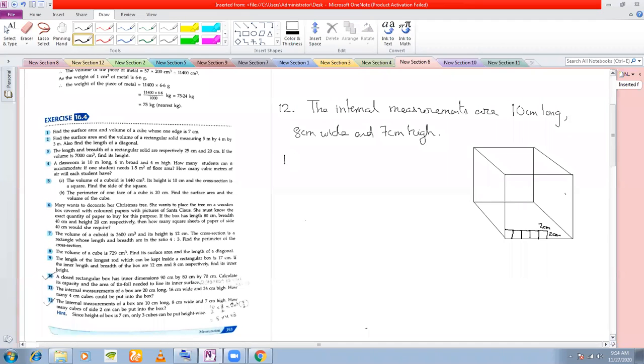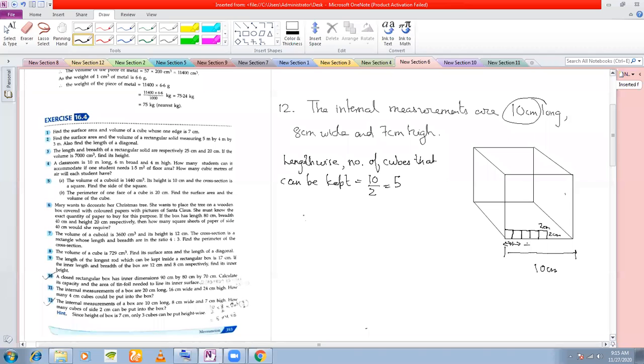So lengthwise, how many cubes can you accommodate? What is the length here? 10 centimeter. And you are putting each cube of side 2 centimeter, right? So how many cubes can you keep here? 10 divided by 2, 5 cubes, right or wrong? Did you understand?